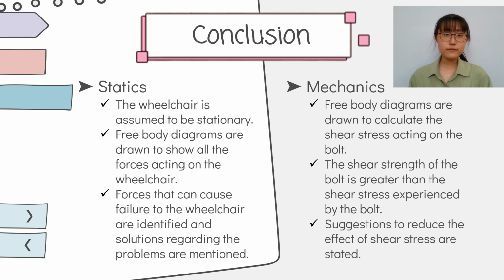Not to mention, we have also identified possible factors and forces which may cause failure to a wheelchair. Through the calculations of shear stress, we have concluded that the shear strength of the board is greater than the shear stress experienced by it. Last but not least, further studies and research are believed to improve the functionality and suitability of a wheelchair in the near future.